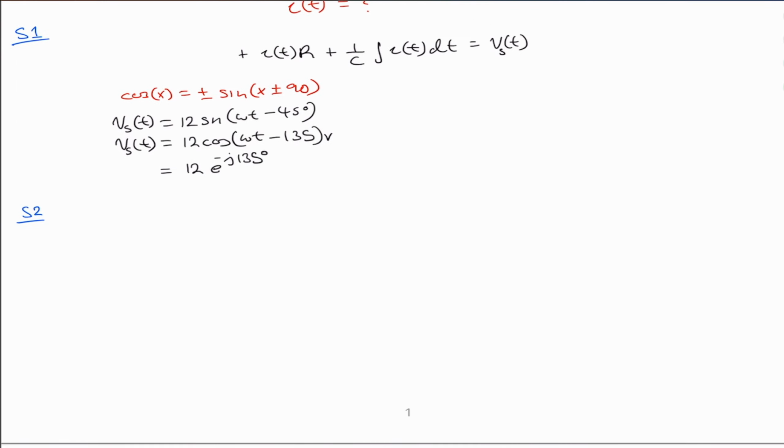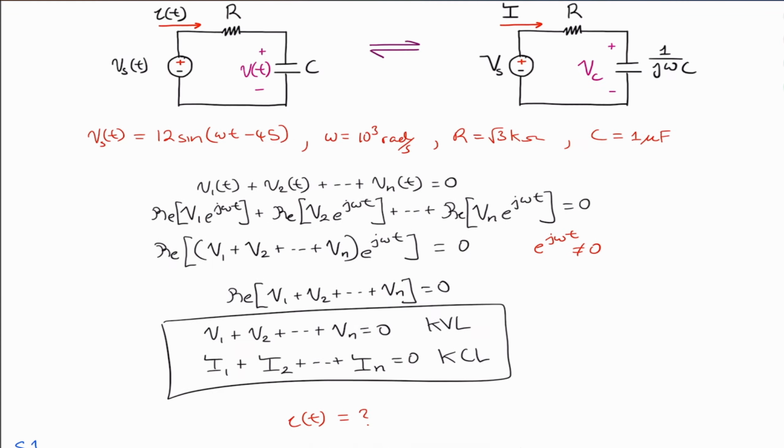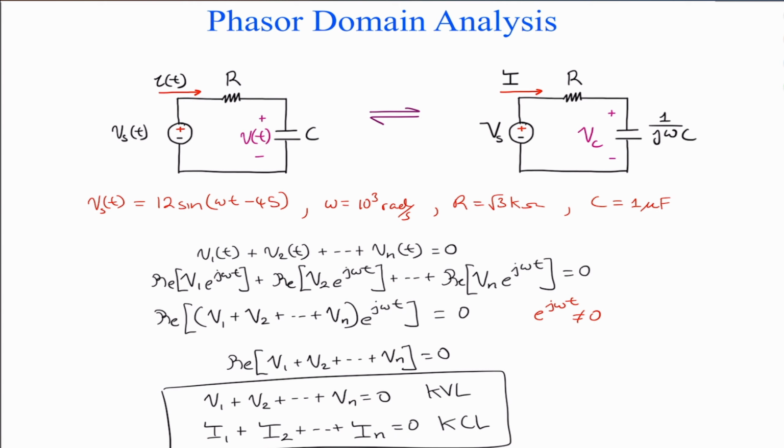Because we don't have an explicit expression for I of t, nor for the phasor counterpart of I of t, we're in the phasor domain.